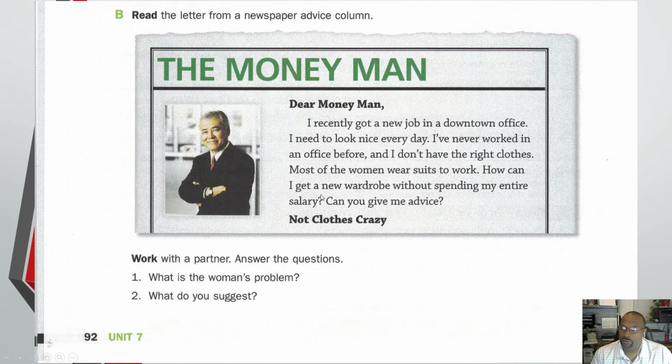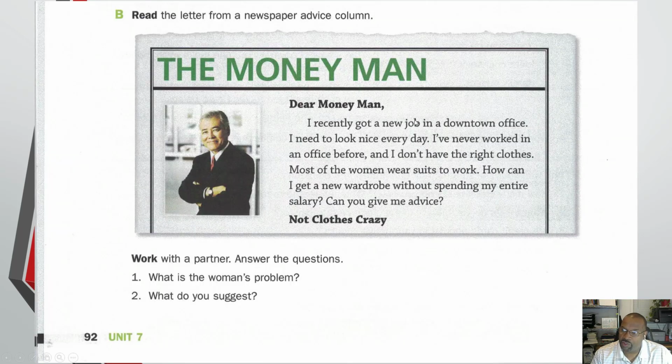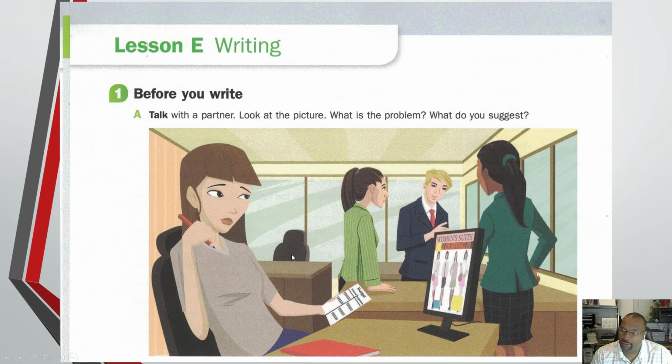Okay, so here we have a better understanding of what's going on in this picture. So this is Not Clothes Crazy, and she's writing to the Money Man to ask him for advice on how she can afford to buy suits to work in her office.